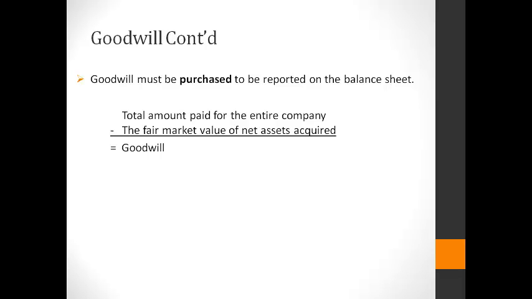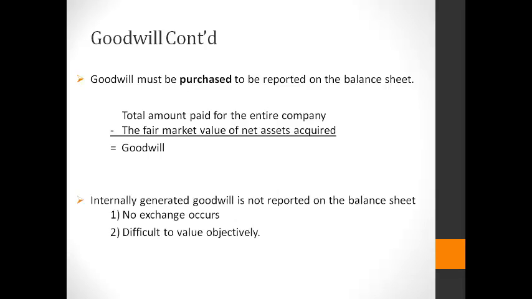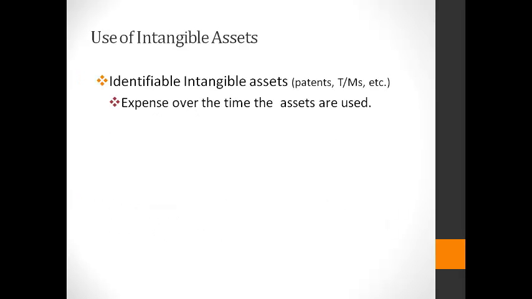Goodwill must be purchased to be reported on the balance sheet. Internally generated goodwill that naturally develops as the business grows is not reported on the balance sheet. This is because no exchange occurs and it is difficult to determine an objective, reliable value. Identifiable assets such as patents and trademarks are expensed over the time the assets are used.